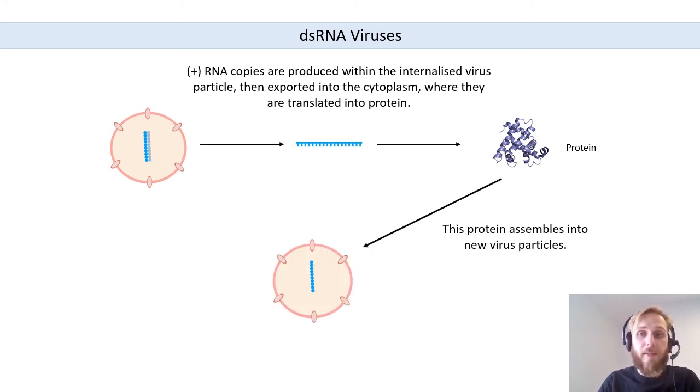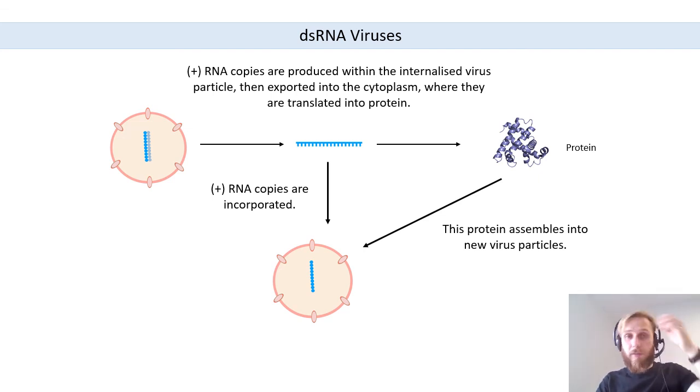This protein is then able to assemble into new virus particles. The viral capsid is just a protein shell. That's why we sometimes call it a protein capsid, because it's a capsid composed of protein. So these viral proteins can form together to make a capsid.